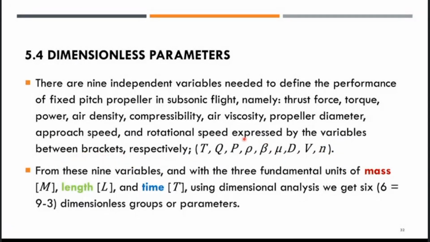From all these 9 variables, there are basically 3 fundamental units of mass M, length L, and time T. Using dimensional analysis, we get 6 dimensionless groups from these 3 fundamental units. Okay, 9 minus 3, you get basically 6 dimensionless group parameters.